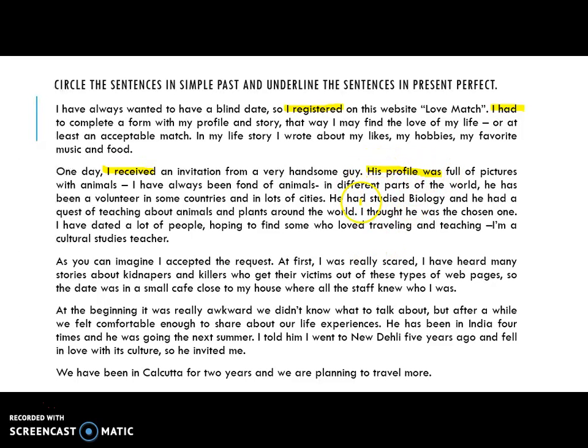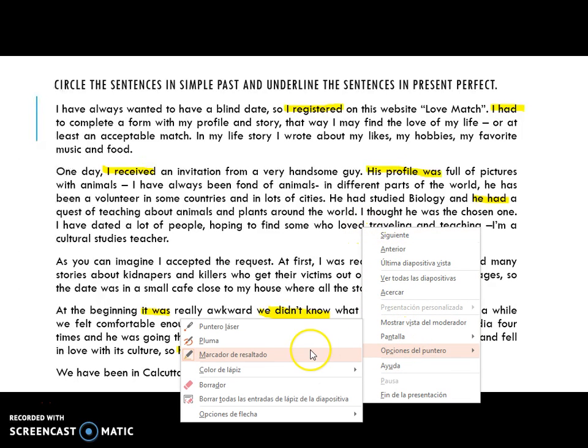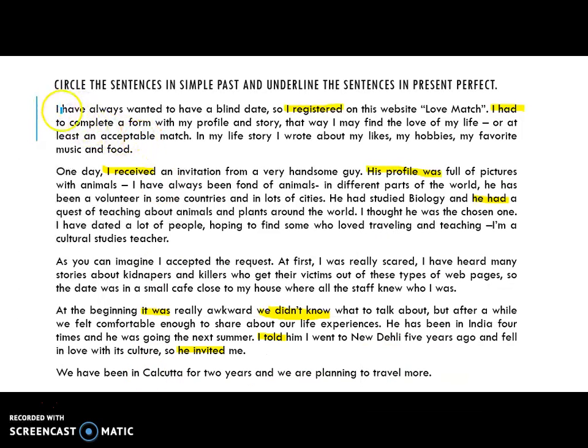Right, his profile was. He had. It was. We didn't know. He invited. I told.